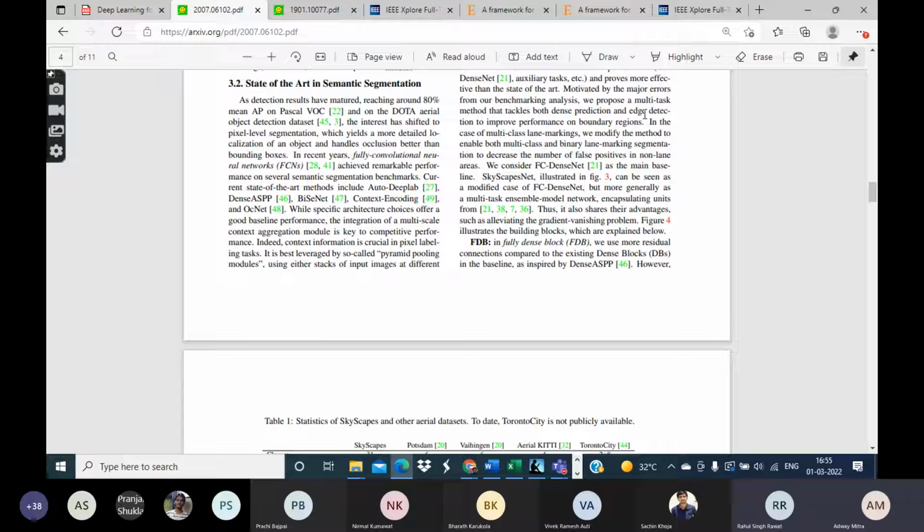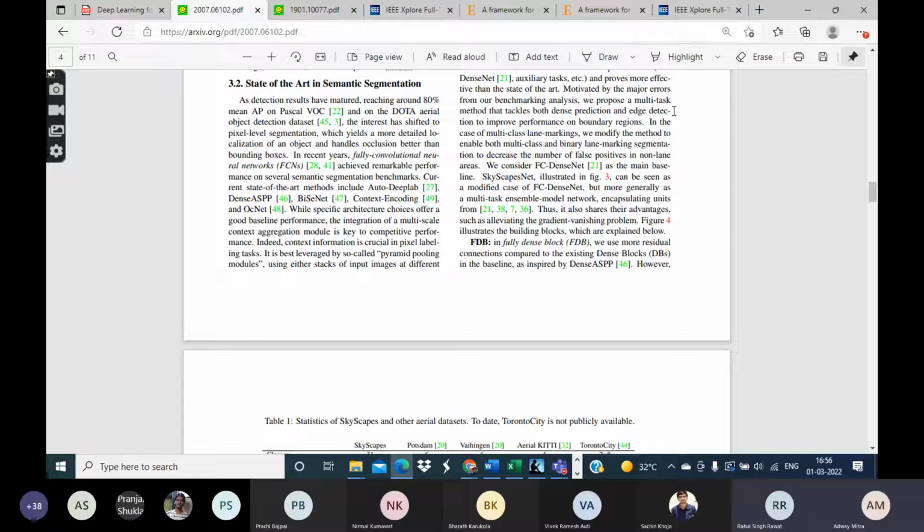These boundaries are most crucial to differentiate between the different classes of objects. For that, we need to identify which pixels mark the boundary of one class, that is, where one class ends and another class starts. Say suppose there is a building and a road next to it, so where exactly the building ends and the road starts.